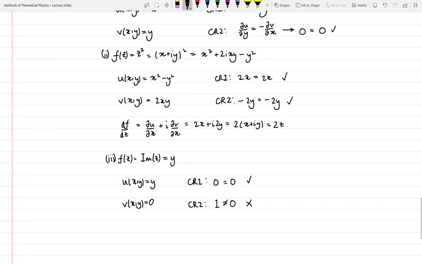There are a lot more examples of using the Cauchy-Riemann conditions in the third problem sheet, so you'll have lots of practice there. I'm going to finally note that the usual rules for derivatives hold for complex differentiation.